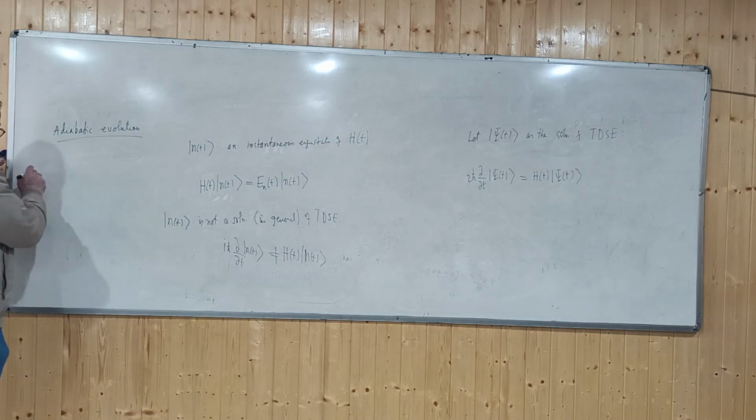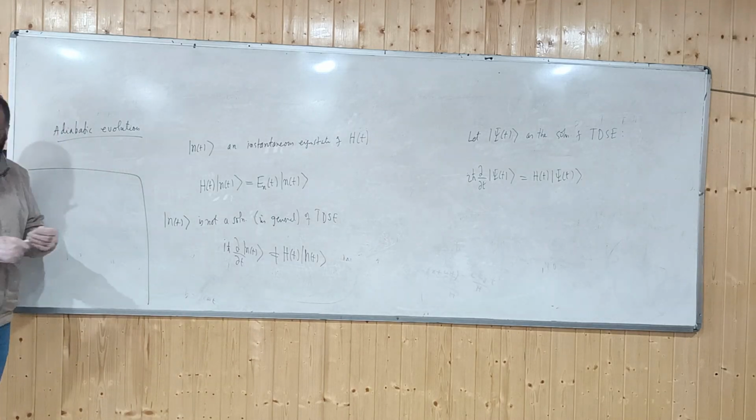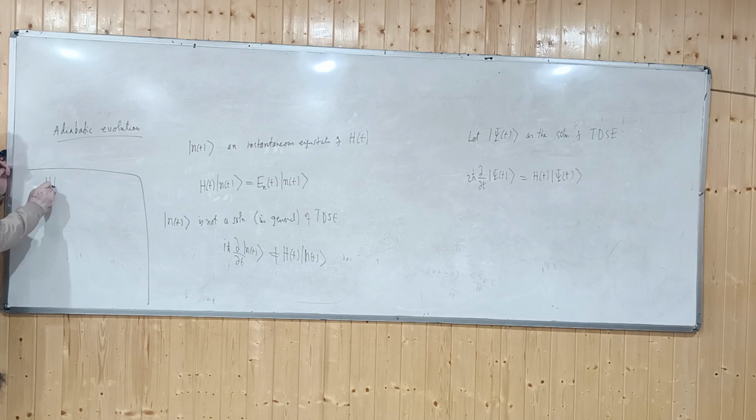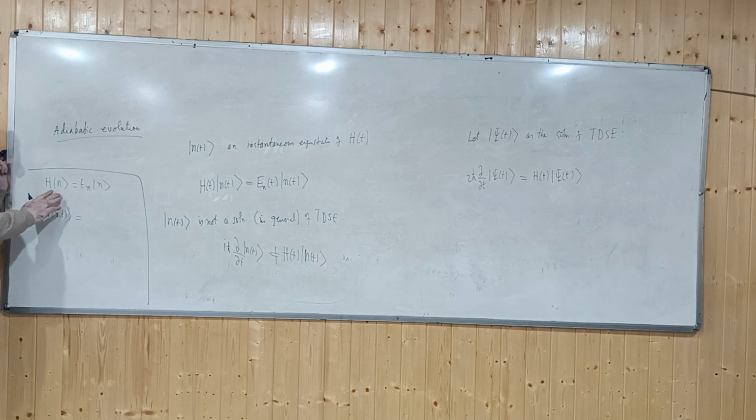Suppose you simply have H|n⟩ = E_n|n⟩. How can I construct ψ(x,t)? It will be simply a sum of all these solutions.